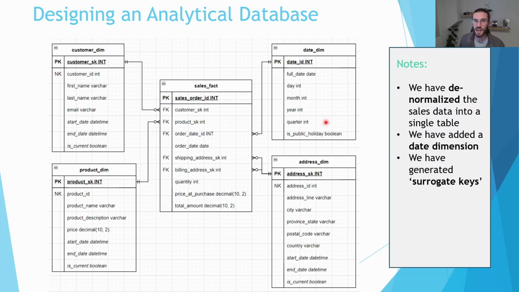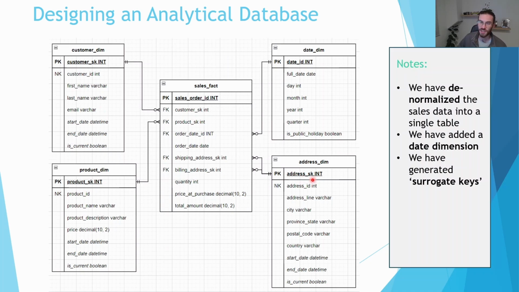Now, another interesting aspect to note and something surprising when you first come across fact-driven modeling is that we now have two IDs in some of our dimension tables. And this can look a bit weird to start with. So for example, in the address table over here, we now have an address SK, which stands for address surrogate key.